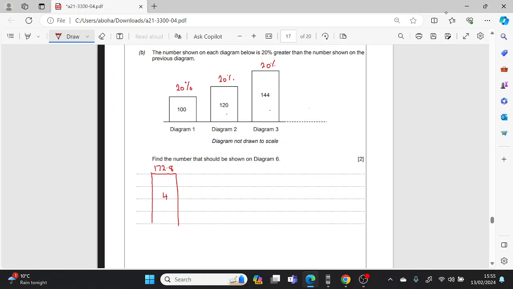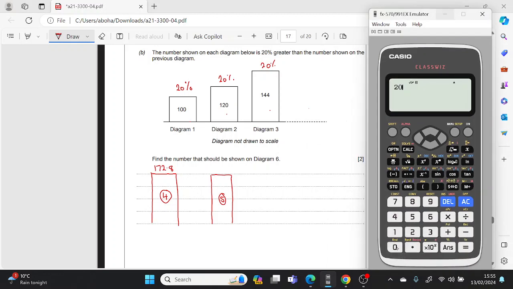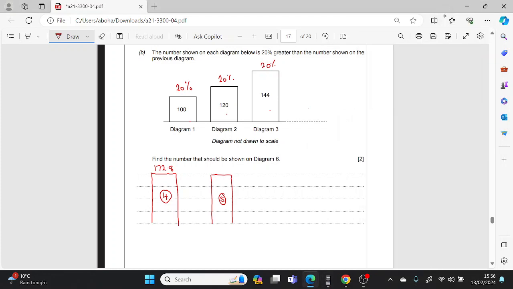That's diagram number 4. So diagram number 5 is going to be 20% times that answer, which is 34.56, plus 172.8, which is 207.36.